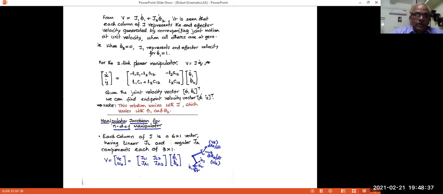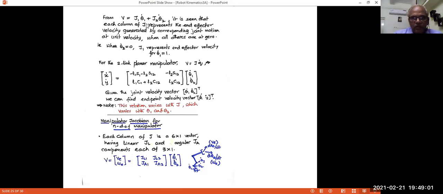We have seen that V is equal to J1 theta 1 dot plus J2 theta 2 dot. Suppose theta 2 dot is equal to 0, so there is no joint velocity at the second joint, and the joint velocity theta 1 dot is equal to unity. Then V will be equivalent to J1.